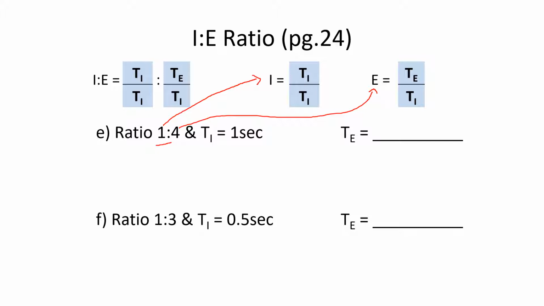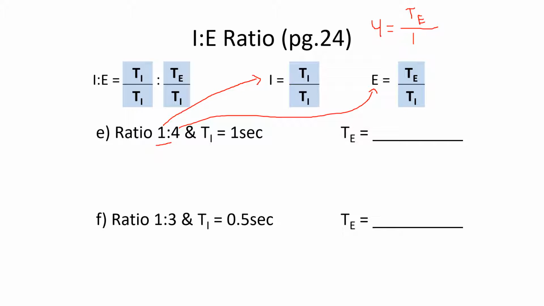Did you plug it in? So we got 1 to 4. So our number's 4 here. Our TI, sorry, is 1 second. So what does TE have to be to equal 4? 4 divided by 1 is equal to 4. So 4 seconds, right?